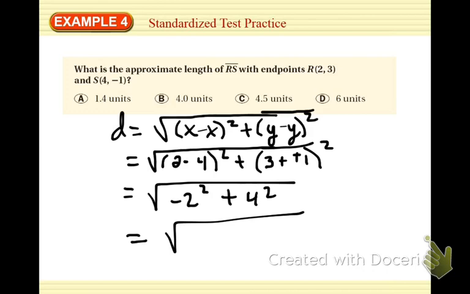-2 squared is what? 4? You sure? 4? -4? Oh, yeah. Yeah, that's -2, right? -2 squared, we're going to square all of -2. Right, it's going to be 4.